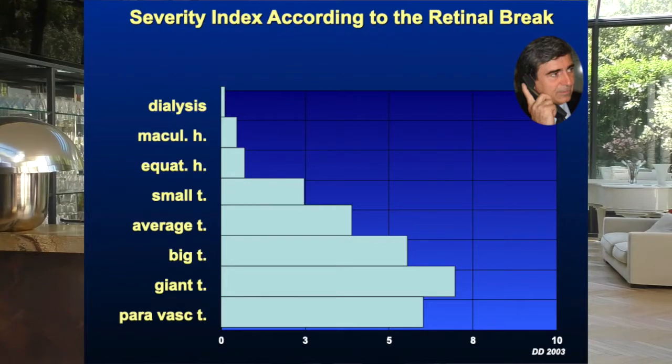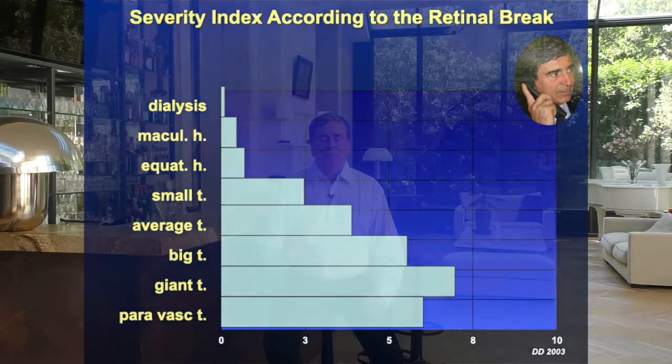We can thus see more visually that the risk of failure in dialysis is practically 0, and that the risk of failure in paravascular tear is at the same level as that of a large or giant tear, that is to say, 30 times higher than that of dialysis.